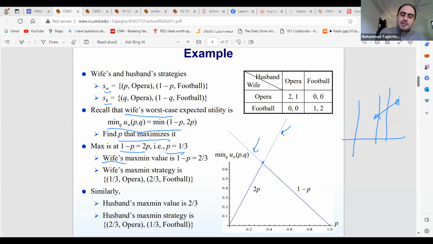So p equal to 1/3 is the maximin strategy.